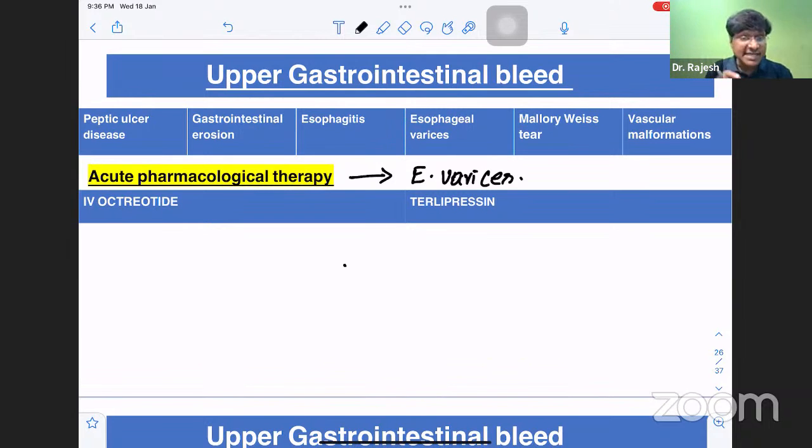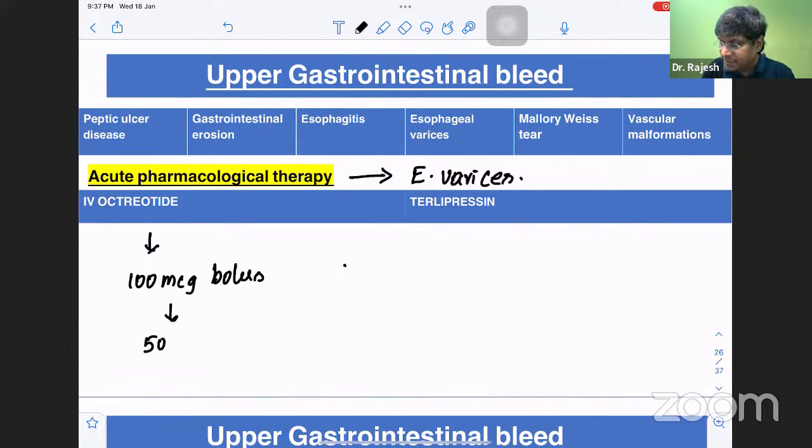Okay, so for intravenous octreotide, what should be the dosage of this continuous intravenous infusion? You should give a 100 microgram bolus, followed by 50 to 100 micrograms per hour.